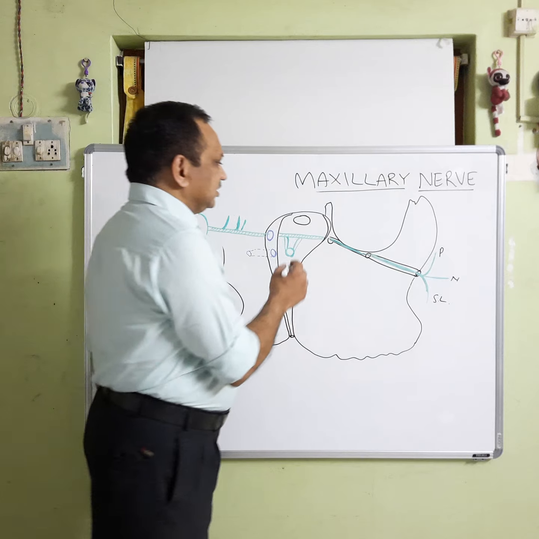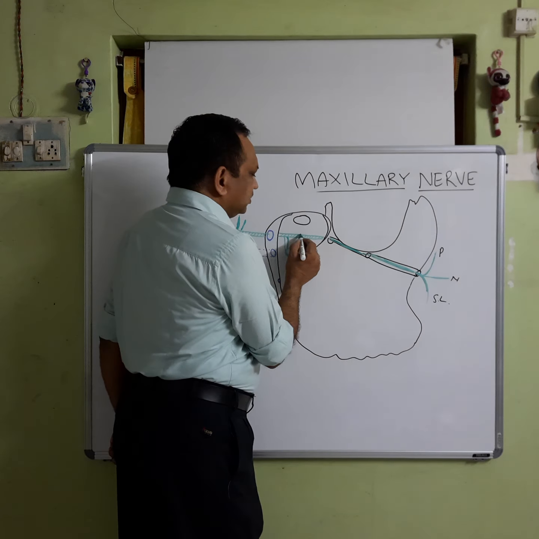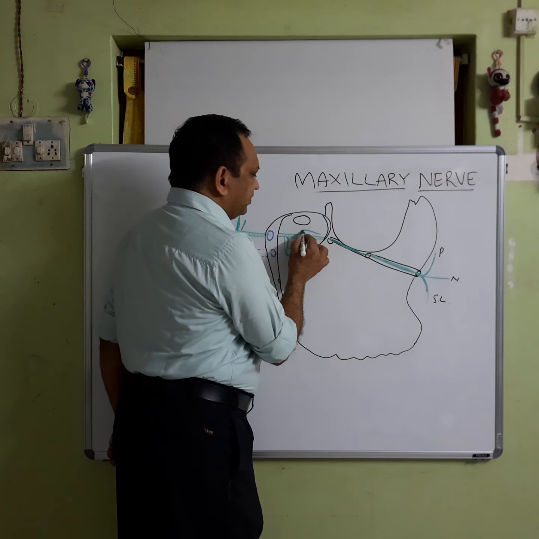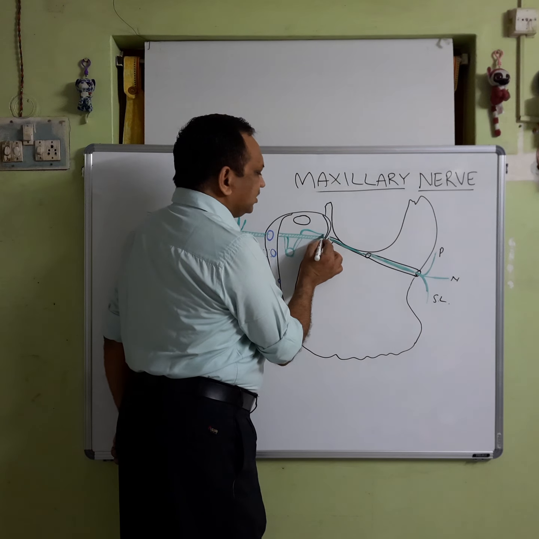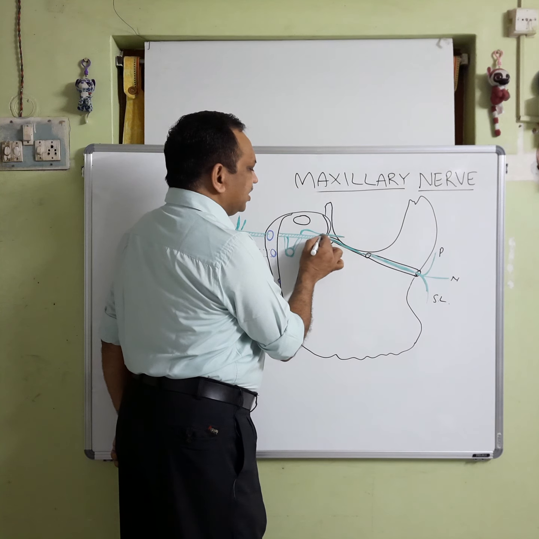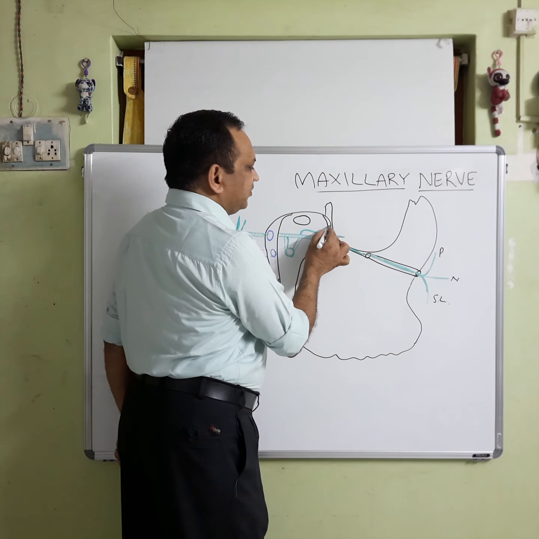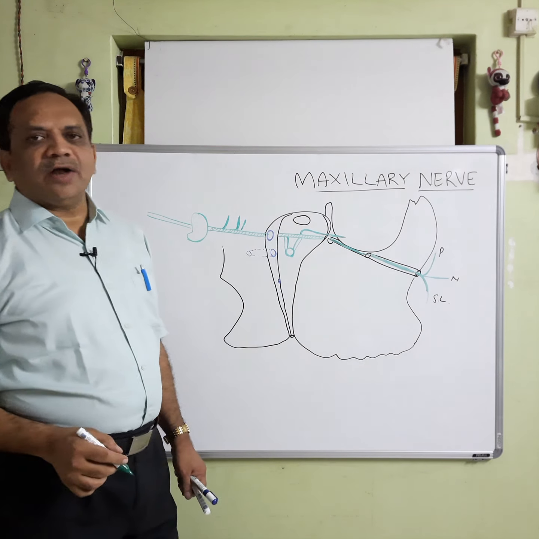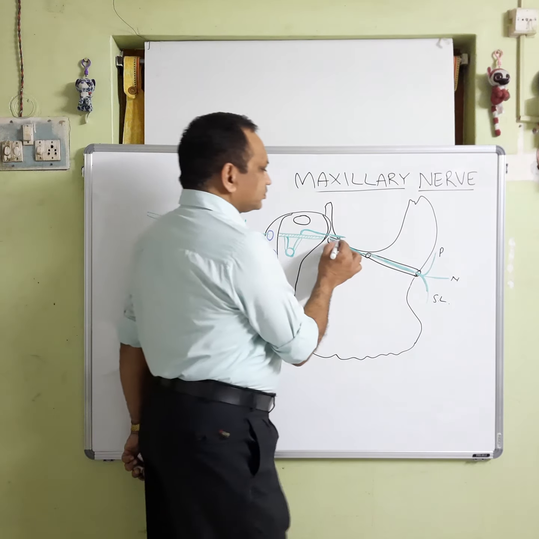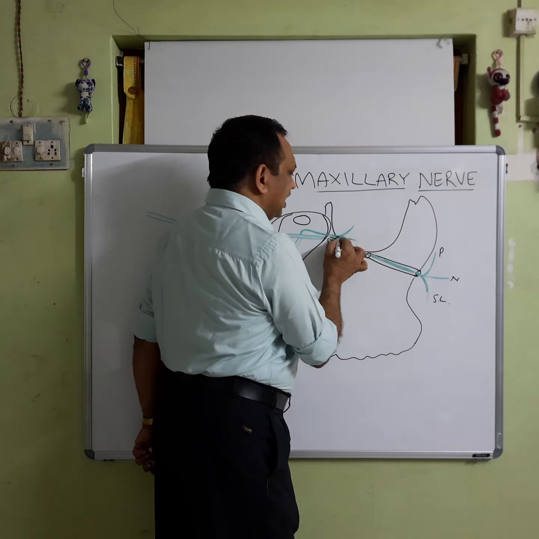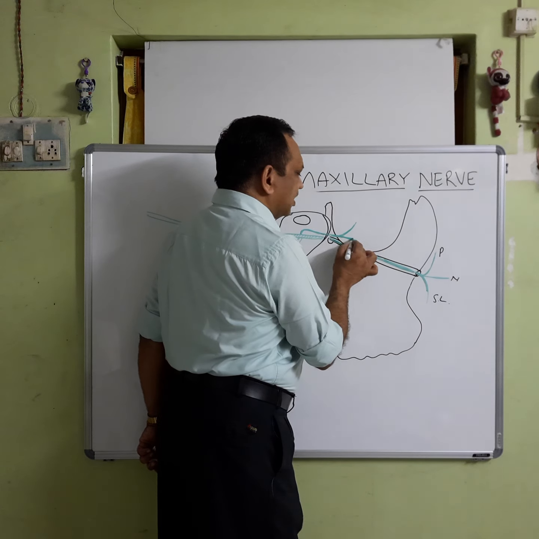Then another branch is given here, the zygomatic branch. The zygomatic branch enters the orbit through this inferior orbital fissure. After entering the orbit, it divides into a zygomatico-facial branch and a zygomatico-temporal branch.